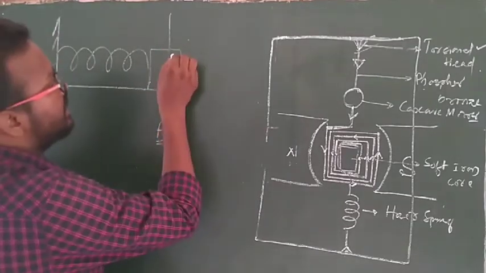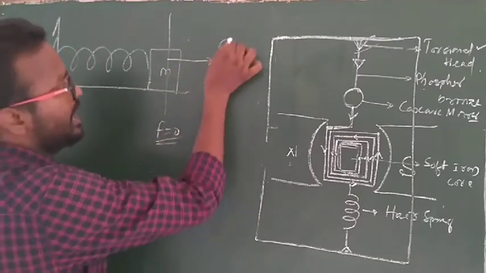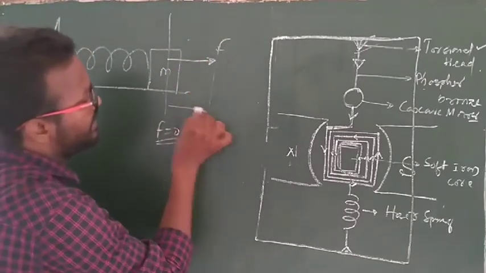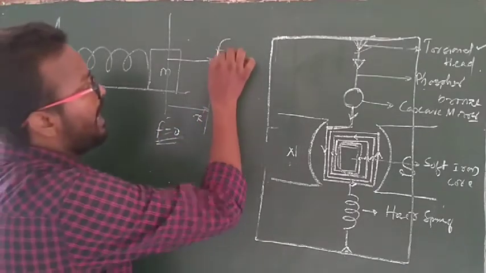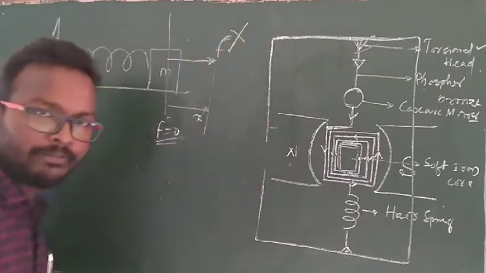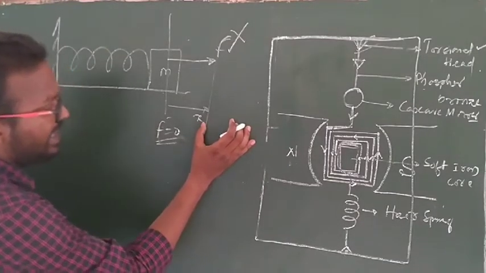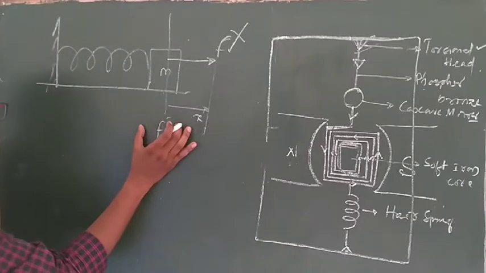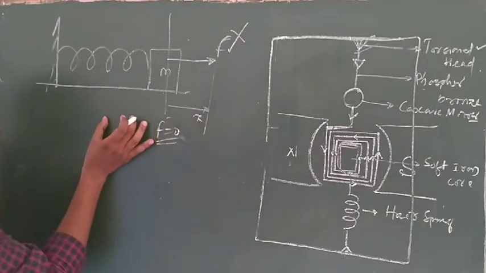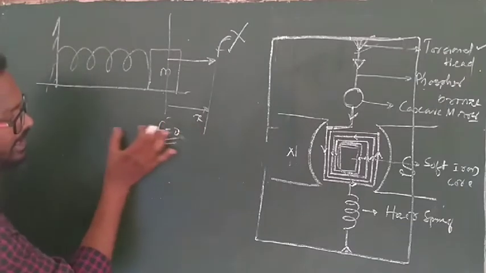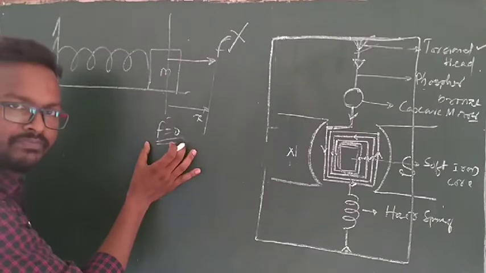If we displace this mass by an external force through a displacement x from its mean position, then after removal of this deforming force, the block tries to regain its initial position, but due to velocity it overshoots its position, and after some time it oscillates about the mean position and comes to rest.